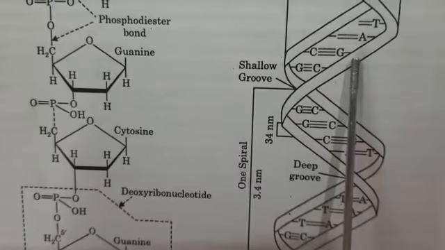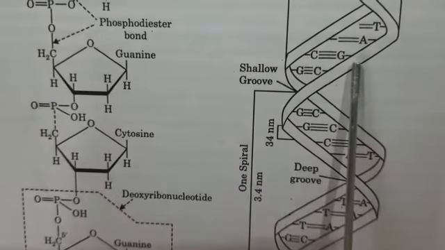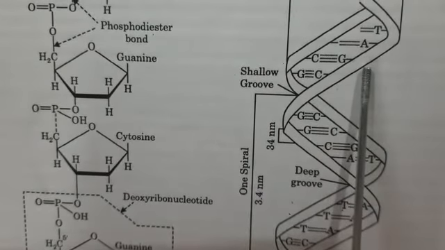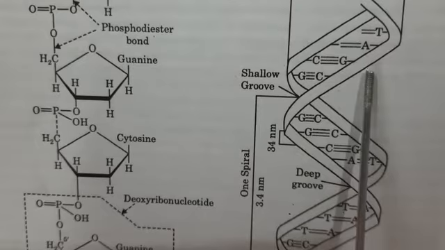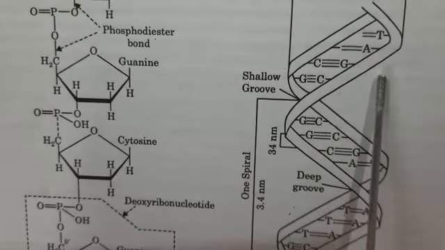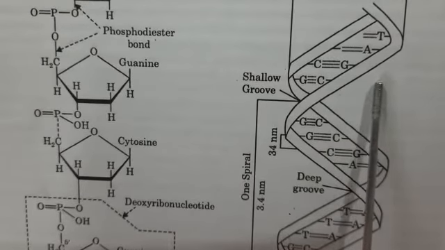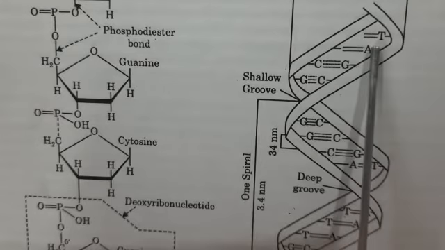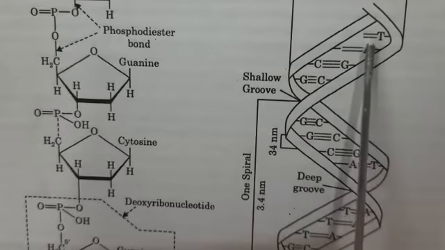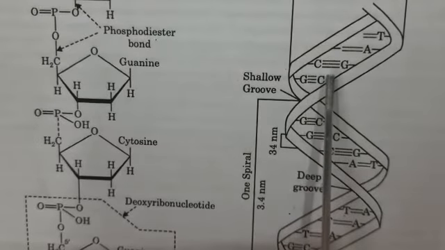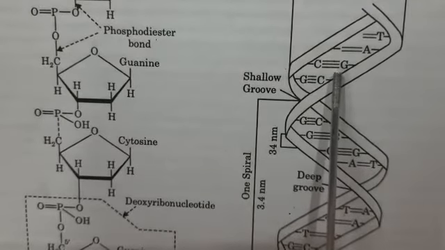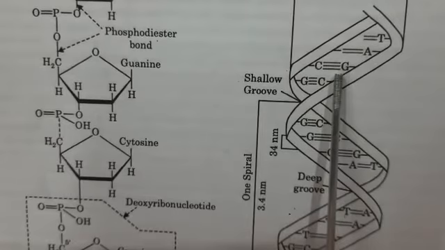Adenine, which is a purine, is always paired with thymine, a pyrimidine, by 2 hydrogen bonds, and guanine, a purine, is always paired with cytosine, a pyrimidine, by 3 hydrogen bonds. It means when adenine pairs with thymine, it has 2 hydrogen bonds, but when cytosine pairs with guanine, it has 3 hydrogen bonds.